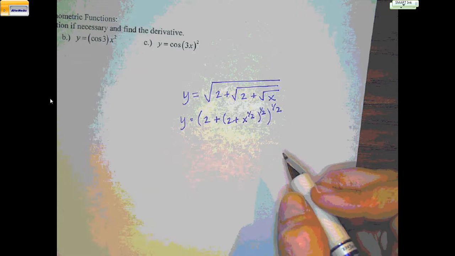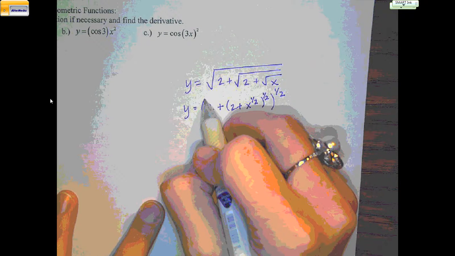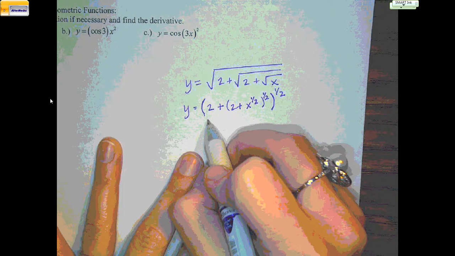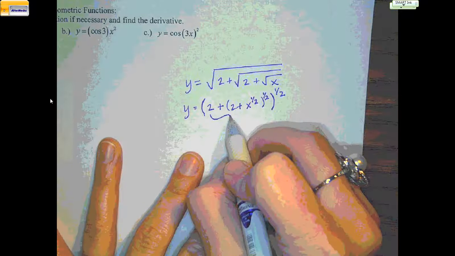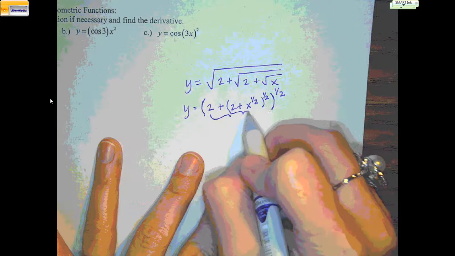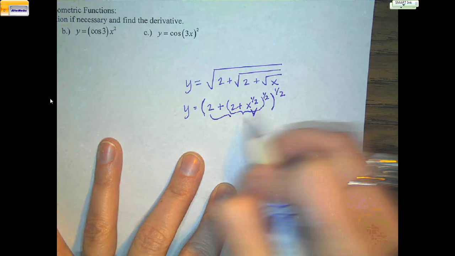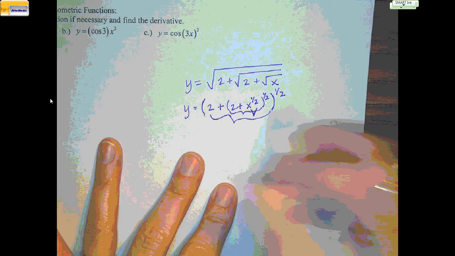Okay, so we have an outermost function. Here's the hard outer candy shell. And then this right here is our next function, and this right here is our last function. So we have 3 functions going on.